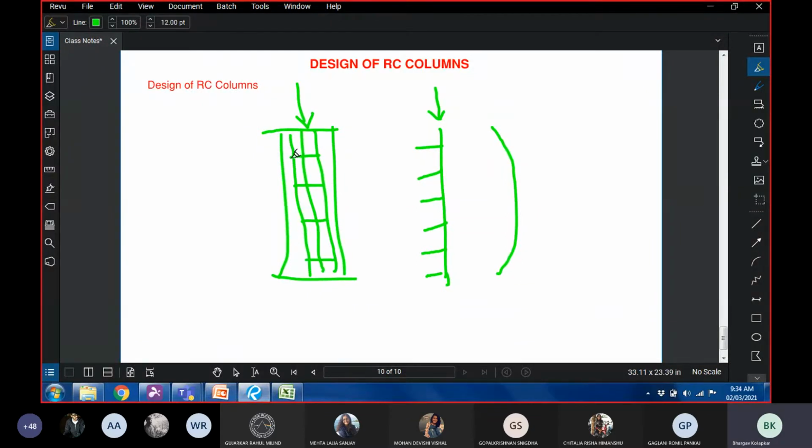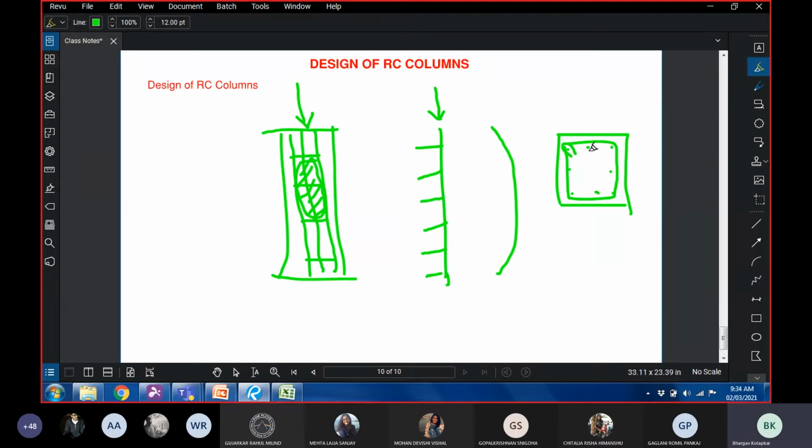Now, another function that these ties do is that they confine the concrete in this region. So when compressive force is applied, you can look at it as, if I just draw this in plan, this is our column, this is our longitudinal reinforcement, and this is our transverse reinforcement.